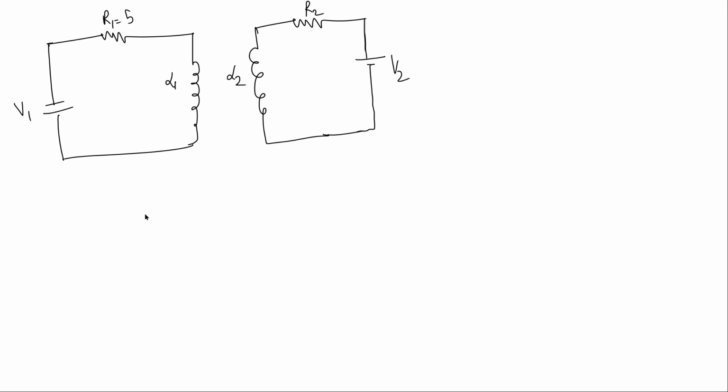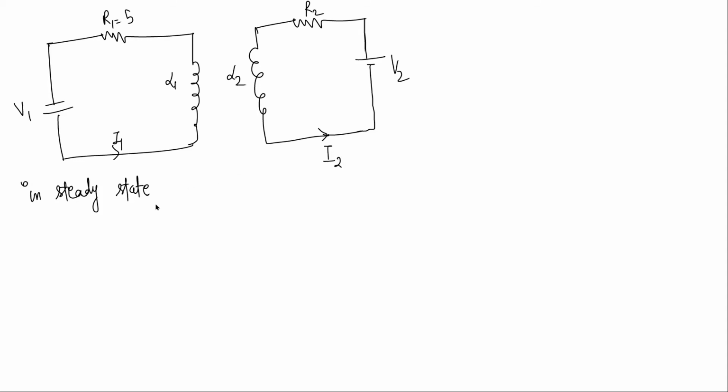Now you see, let us talk about the steady state. The current would be flowing in this coil in this direction, and here in this direction.